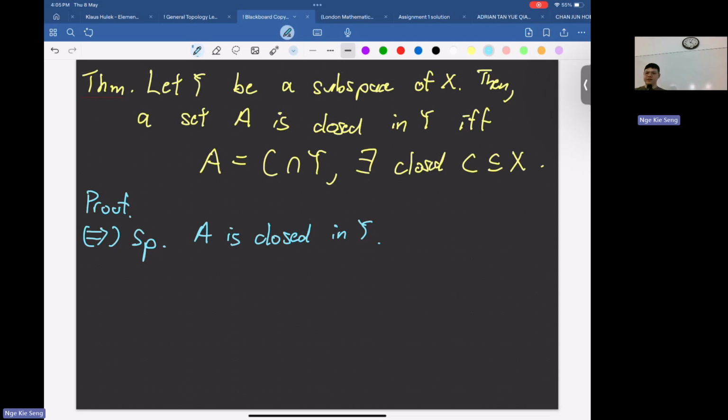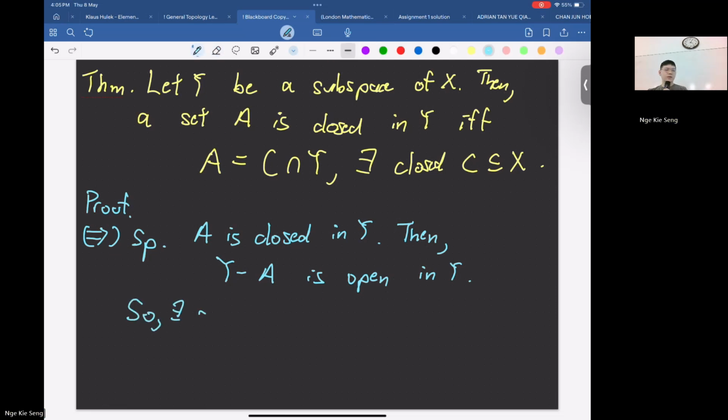The complement of A is open in Y. Open in Y means, by the subspace topology, that there exists an open U in X such that Y minus A equals U intersect Y.